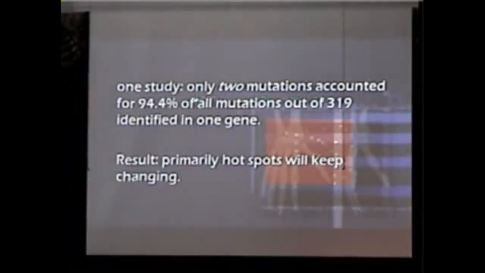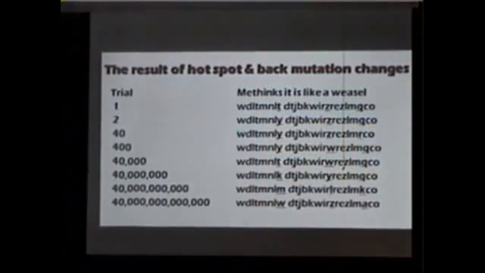And one study found 2 mutations accounted for 94.4% of all mutations out of the 319 that this study identified. So primarily what's going to happen is here's a hotspot, and the hotspots will keep changing, and we'll never get "Methinks it is like a weasel."